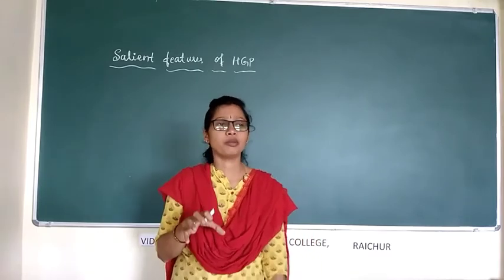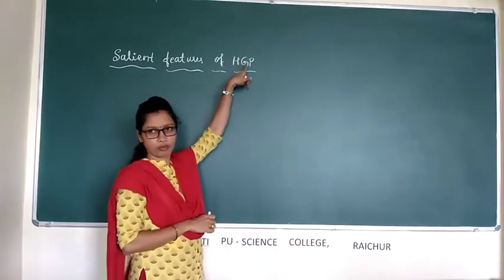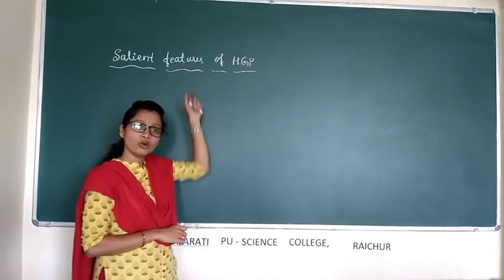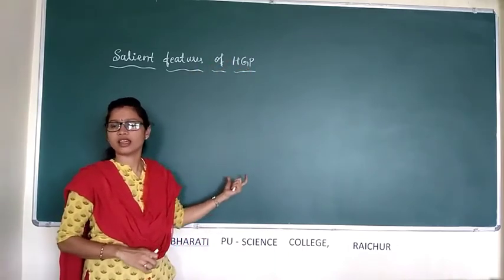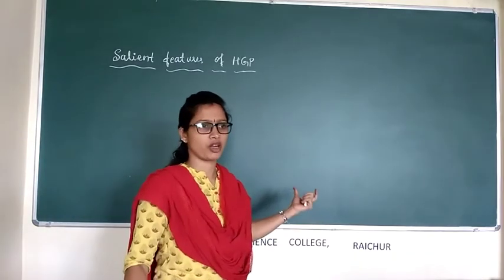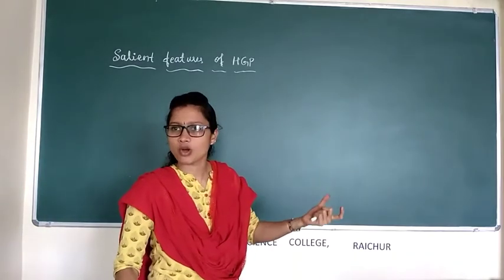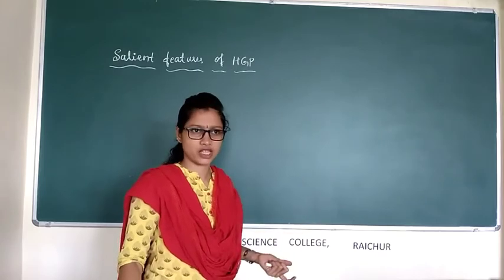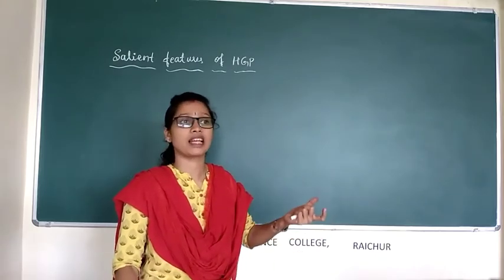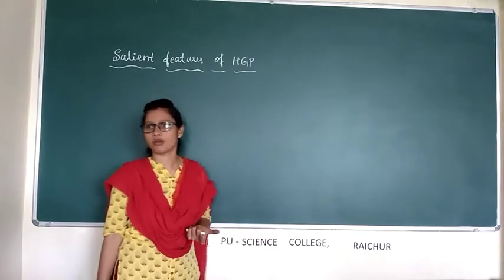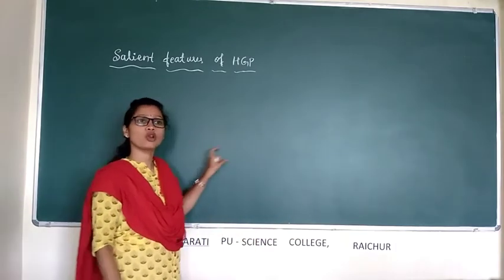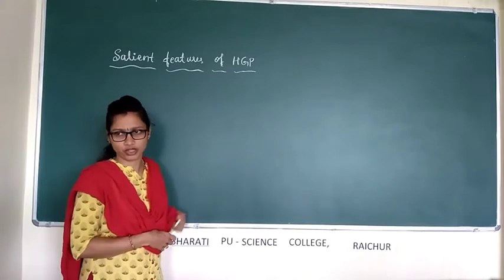What are the informations obtained by the Human Genome Project? How is the genome of human beings? What is the number of genes present in the human body? Which chromosome has the most genes? Which chromosome has the fewest genes? Then the functions of genes in the human body. These are the conclusions of the Human Genome Project.